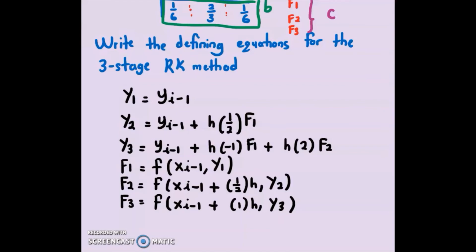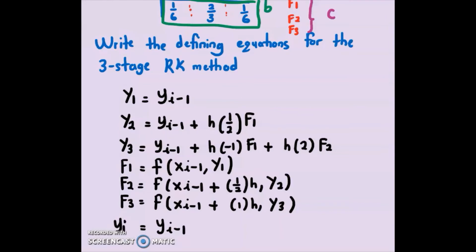Okay, now you have written this. These are all my internal stages and stage roots. Lastly, where you get your update or your approximation, yn refers to yi minus 1. Okay, you can also write this as yi, so let's not confuse you, stick with yi.